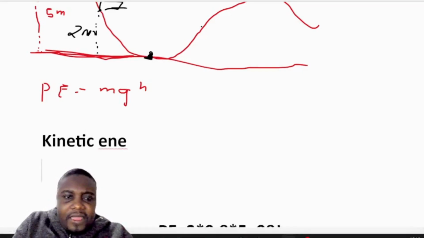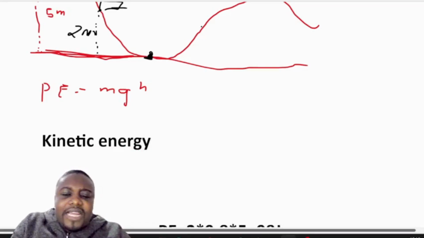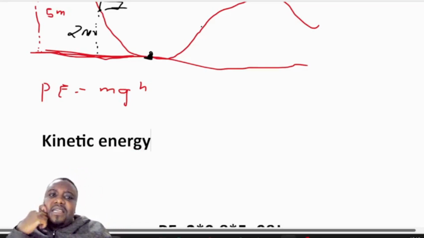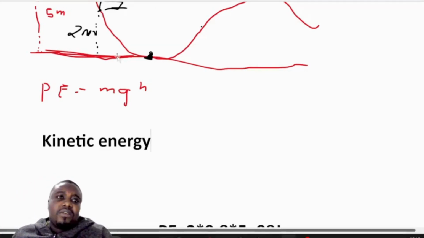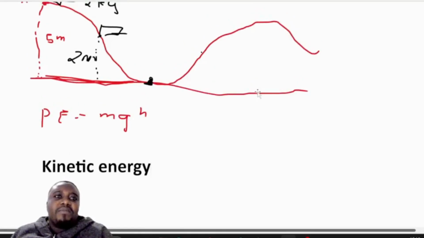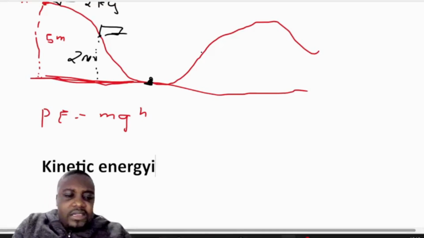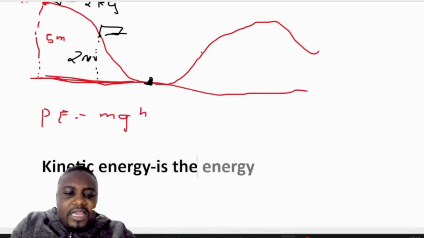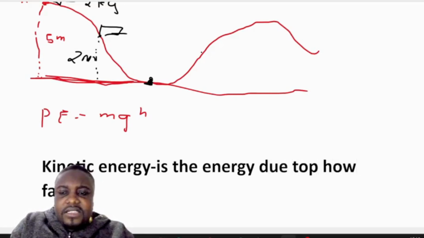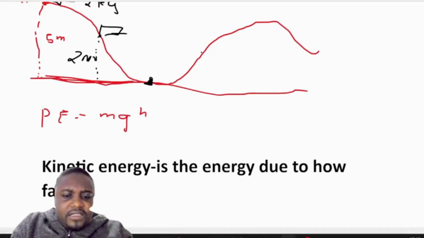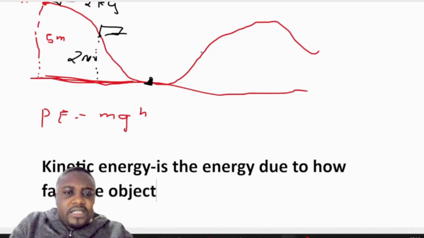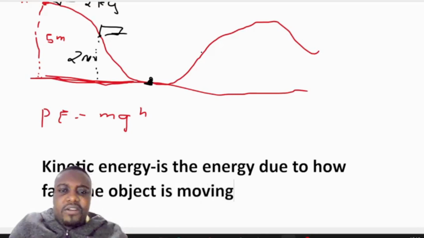Kinetic energy is the energy due to motion, or how fast the object is moving. You can say it is the energy due to how fast the object is moving.